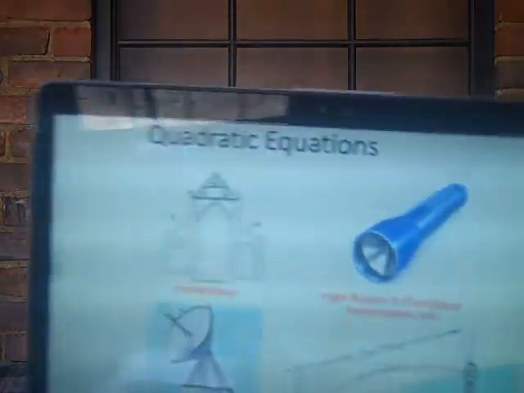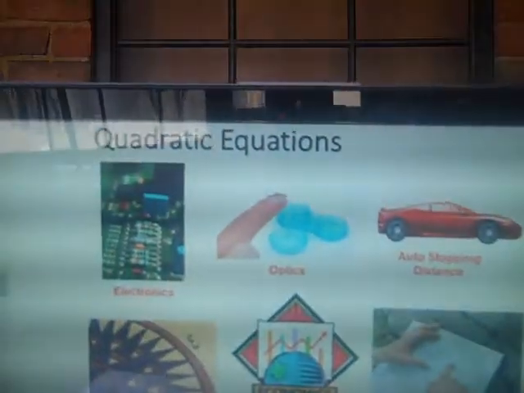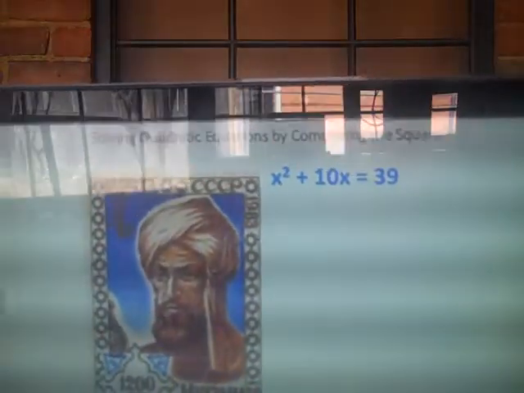We're going to be introduced to the multiple uses of quadratic equations. Here's some more uses shown. You're going to be introduced in history to a gentleman named Muhammad al-Khwarizmi, who in 830 CE really invented the word we use for algebra now from the title of his book.